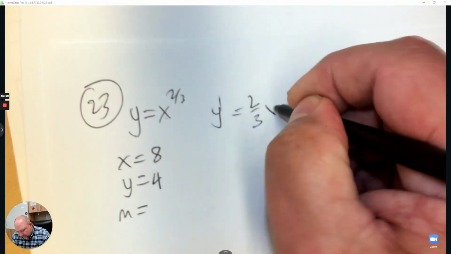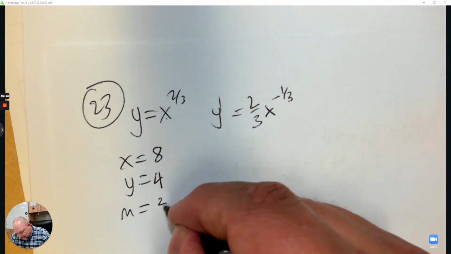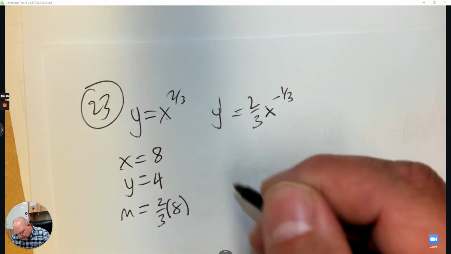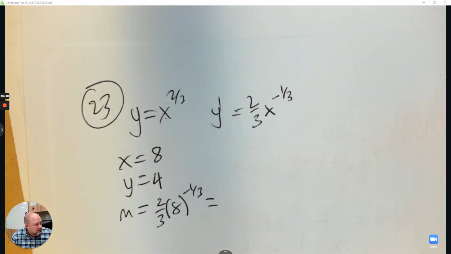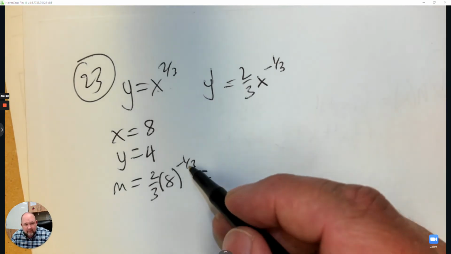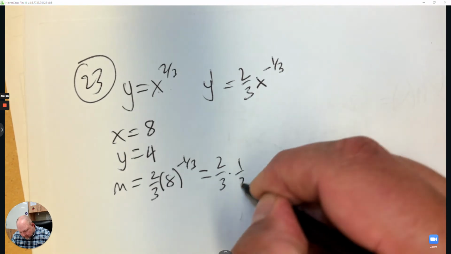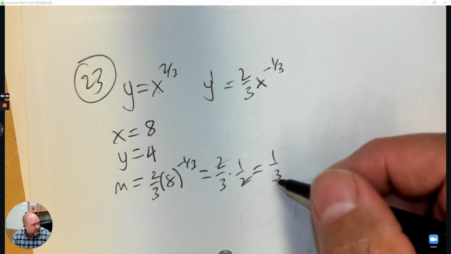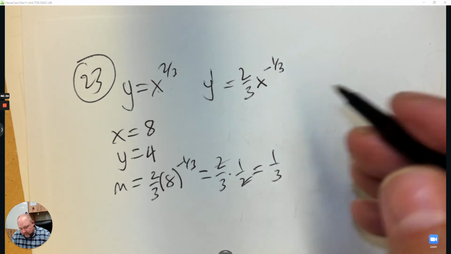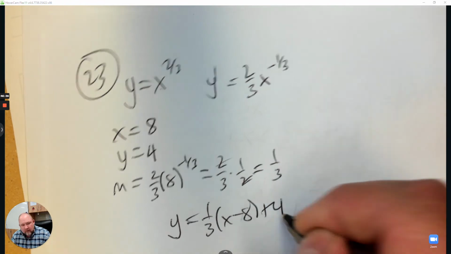That's 2/3 x to the negative 1/3. I'm going to plug that in. And the cube root of 8 is 2, but the negative exponent makes it the reciprocal. And then if you multiply it out, the 2's cross out, so the slope is 1/3. So the tangent line is 1/3 (x minus 8) plus 4.